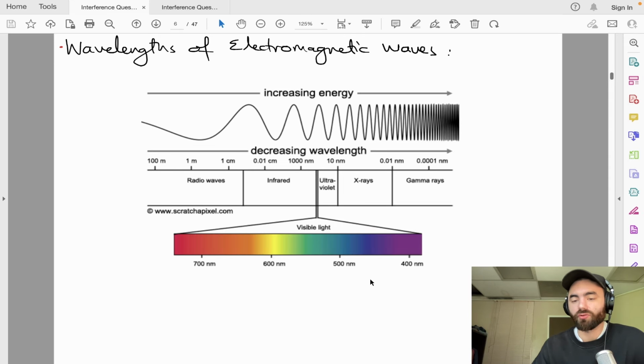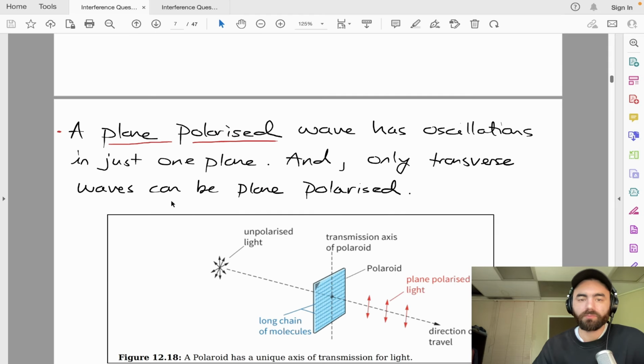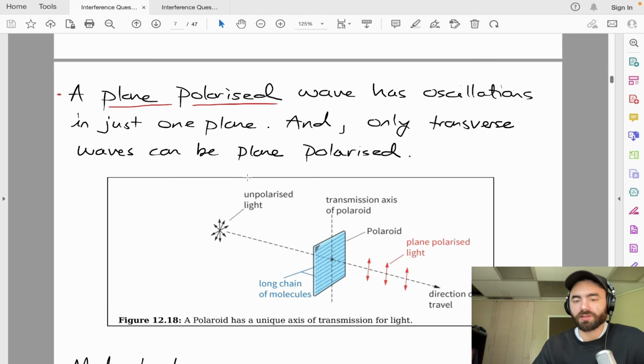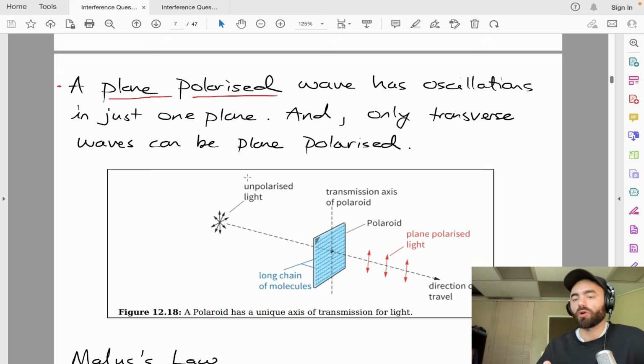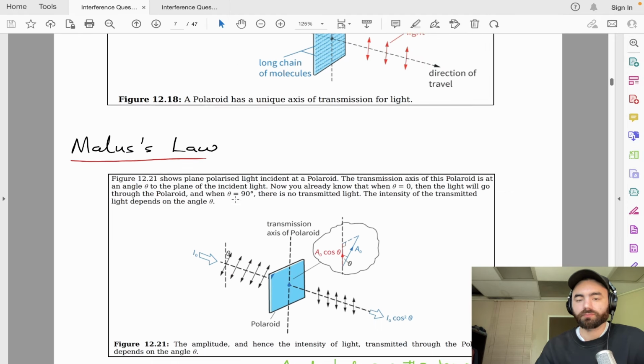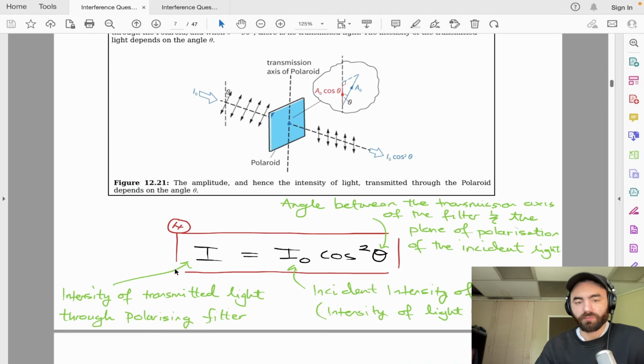You just have to have a general idea that, okay, blue light is 500, red light is 700 nanometers. And plane polarization is basically, okay, when we pass unpolarized light through a Polaroid, well, what happens is it becomes plane polarized, meaning that all of the oscillations of that wave are now only acting in one plane.